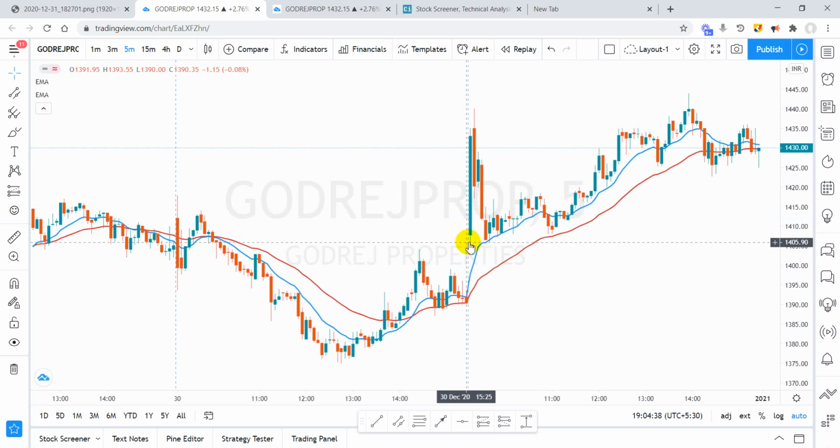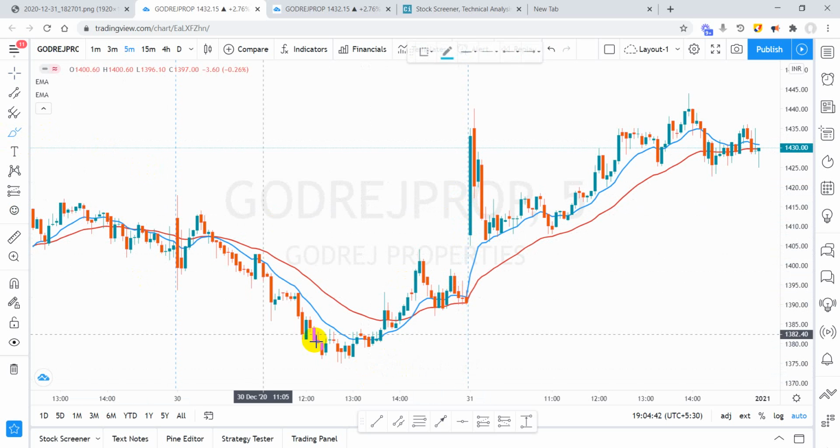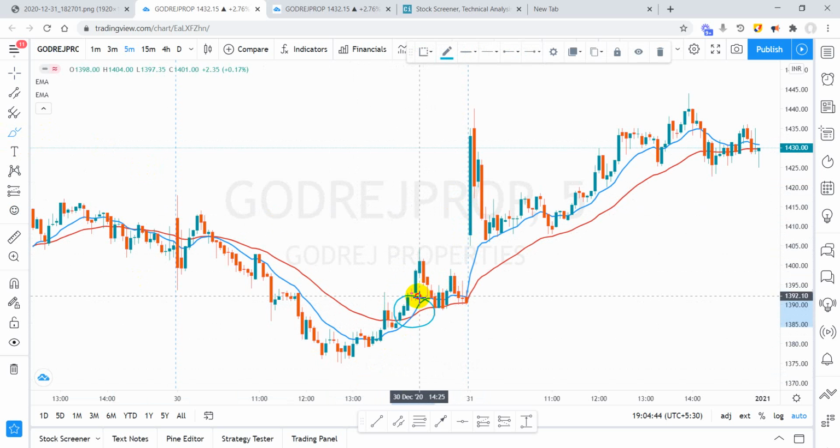It was a gap up opening. There was a crossover already yesterday. This still stands valid. In a trending stock, a crossover that happened the previous day is a valid crossover, and we can always take our intraday trades on those crossovers as well.